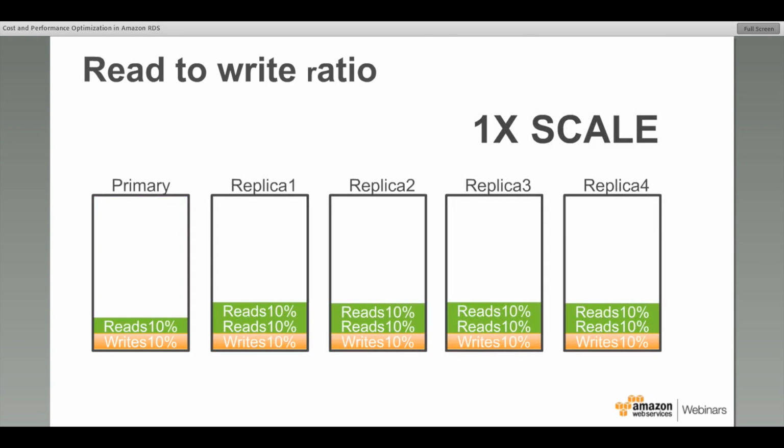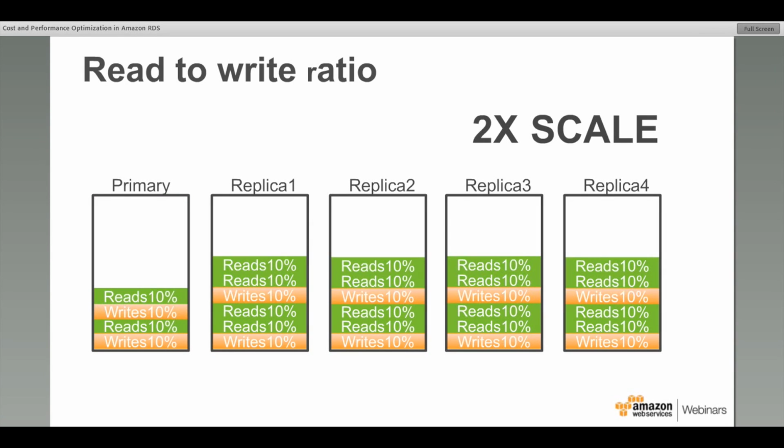So the first thing I might want to do is scale up by 1 time, right? In this case, I'm going to create 4 replicas. Now I still have the 10% writes because with MySQL, I'm replicating my bin logs. So I'll still incur the same amount of write utilization across all my replicas. However, now I can offload my reads to my read replicas, and you can see here that I can achieve 1x scale.